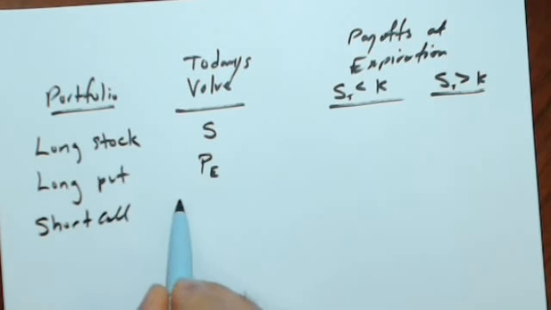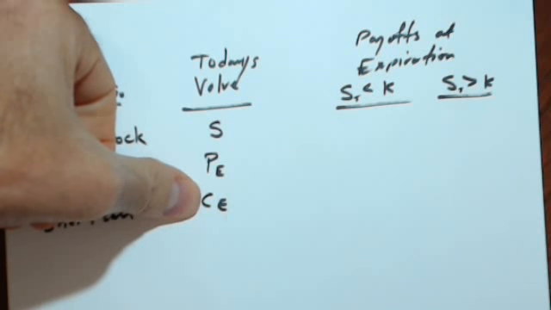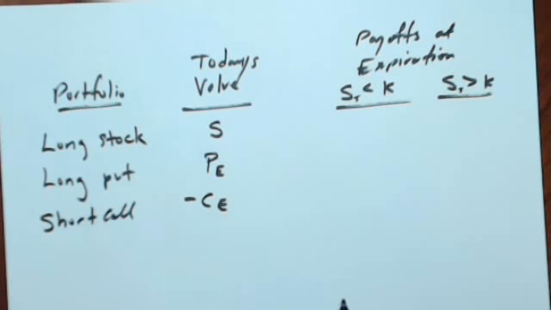When you short a call option, the value is minus C, because it's in a sense negative, since you've sold it and you're not holding it. Somebody else holds it on the other side, and to them it's worth C subscript E.